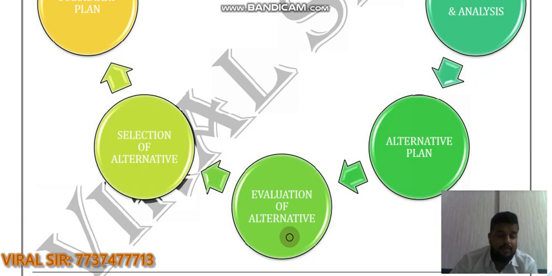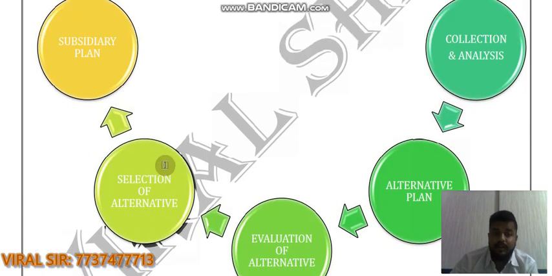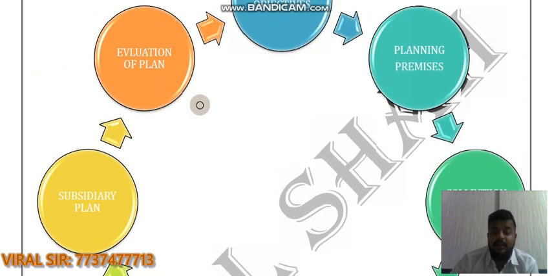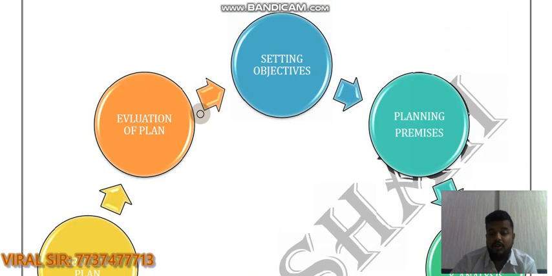Then evaluation of alternatives, meaning cross checking or rechecking the alternatives that we have made for achievement of the plan. Then selection of alternatives, meaning out of the many alternatives, say 3, 4 or 5, which one is the best way to achieve the plan. Then subsidiary plans, meaning what if in any case plan A backfires, so getting a plan B ready. And last is evaluation of the plan, meaning a full cross check of the plan. So this is the process of planning.